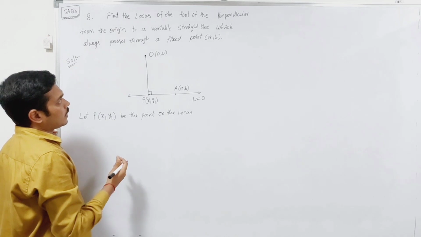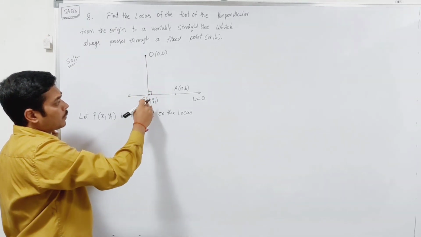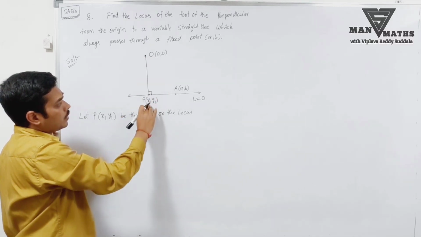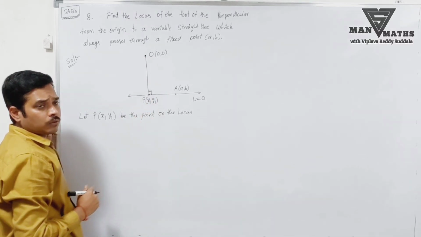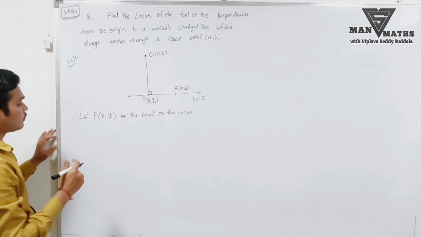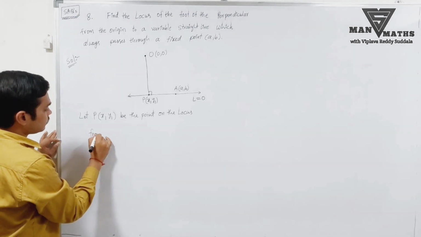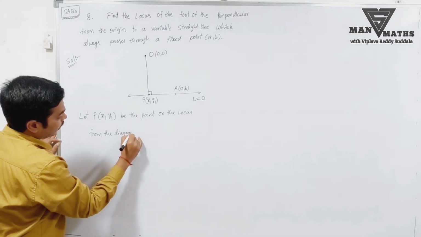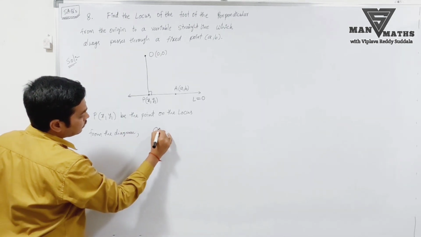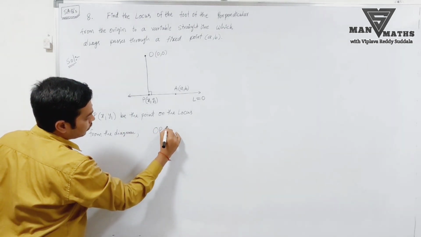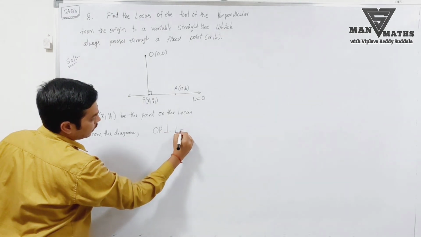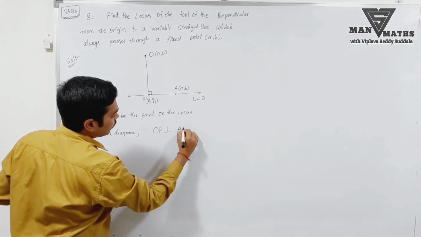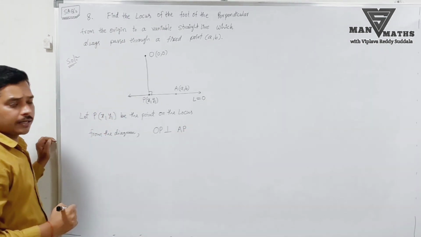Why? Here P is the foot of the perpendicular, meaning the line joining O and P should be perpendicular to the line. From the diagram, OP is perpendicular to the variable line, nothing but AP.